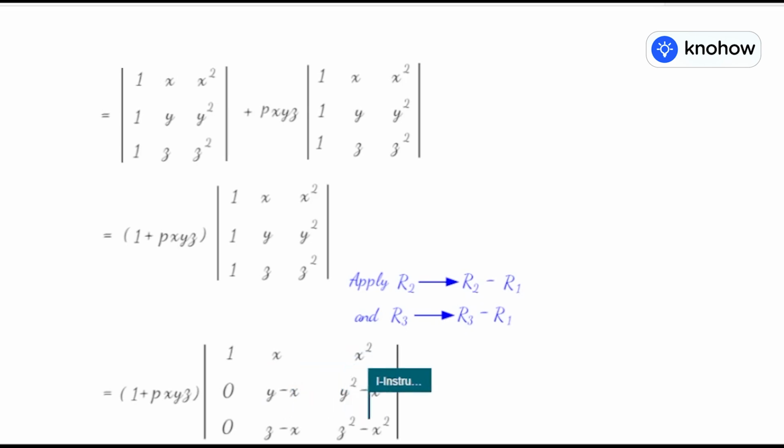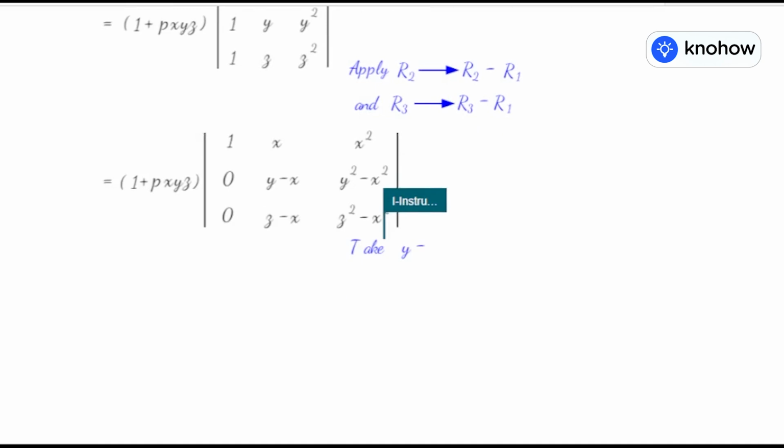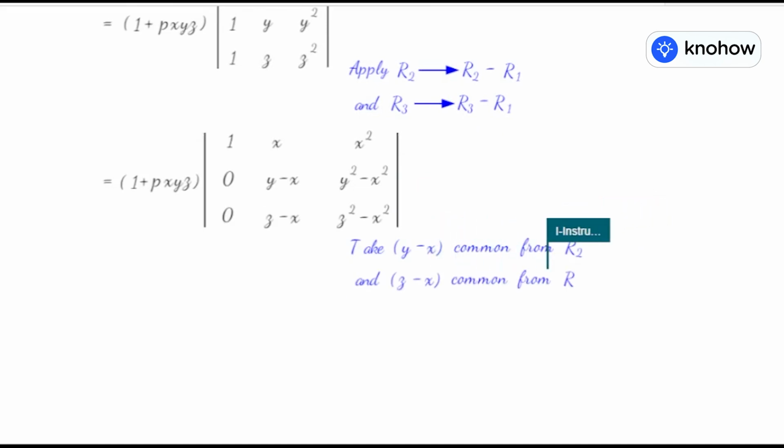Now clearly we can take y minus x common from R2 and z minus x common from R3. So you get 1 plus pxyz, and the factors y minus x and z minus x common.